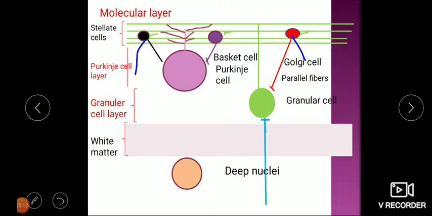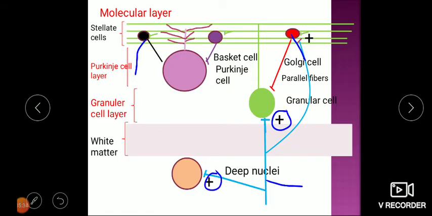Now this granular cell receives afferent. You can see these are the afferents coming to the granular cell. These afferents go to this as well as Golgi cell as well as the deep nuclei. So these are excitatory in nature. So I've shown here all positive.